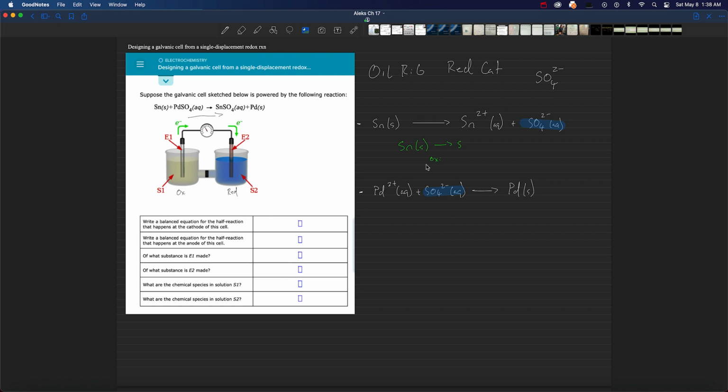And because it's oxidized, it's losing 2 electrons, because this is neutral. And let's use the same color. This is going to need 2 electrons.